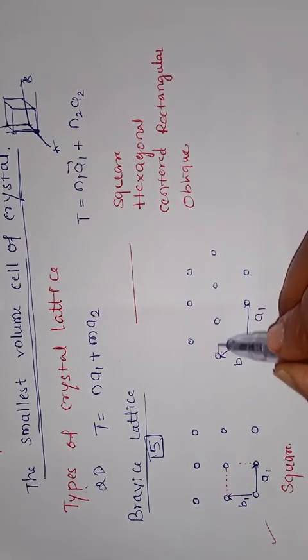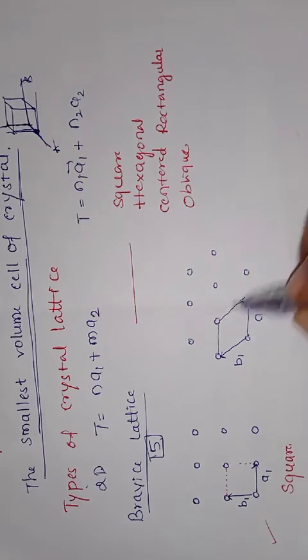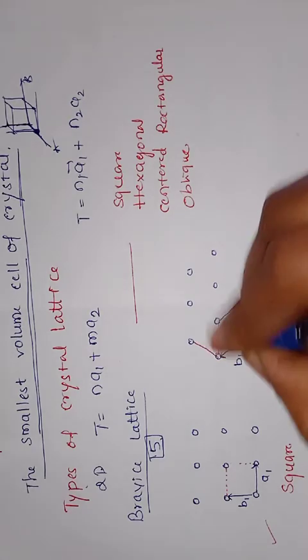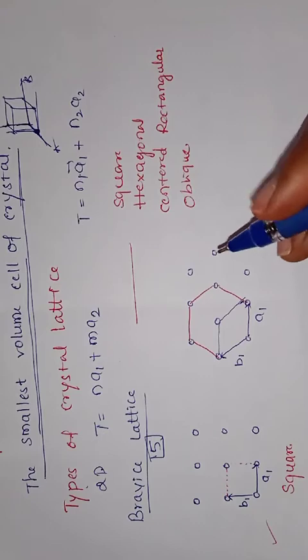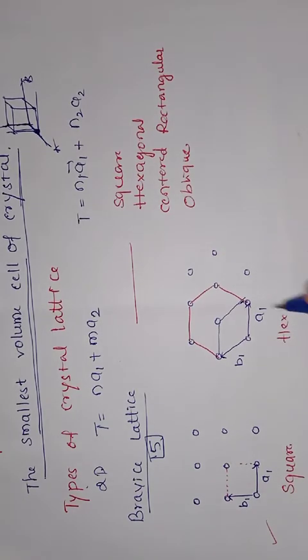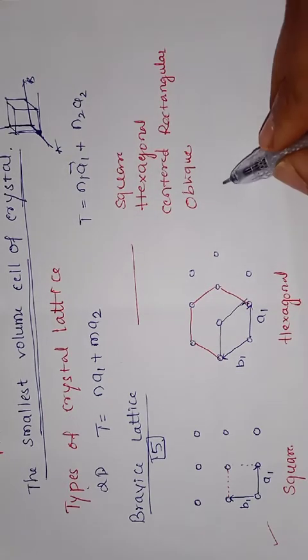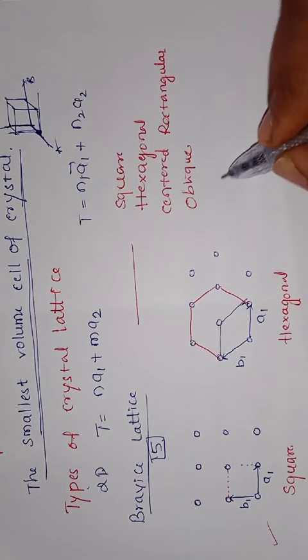This is the center point which we can join. This is the hexagonal Bravais lattice.